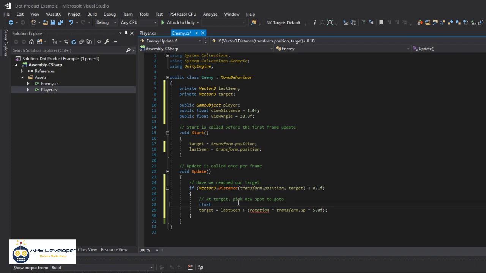What we need to do here is now work out a rotation. It can't be a float, it has to be a quaternion, just to be able to rotate around a vector. And all we need is a random number between 0 and 360.